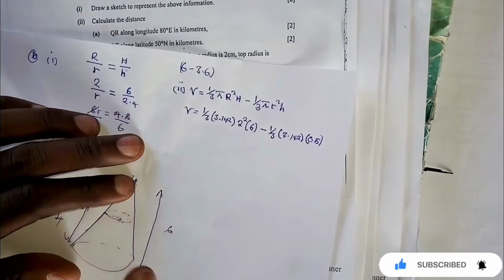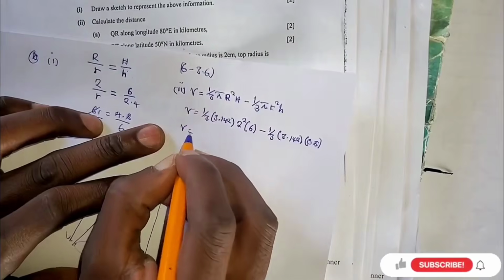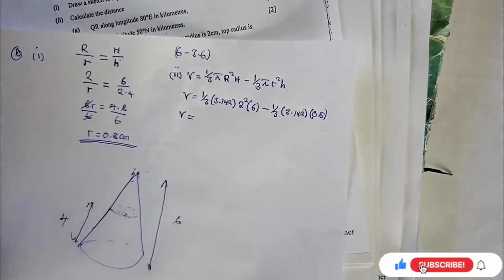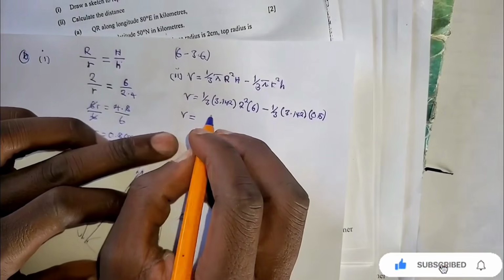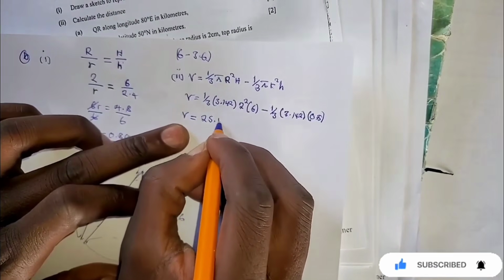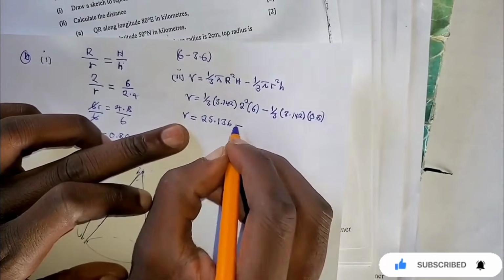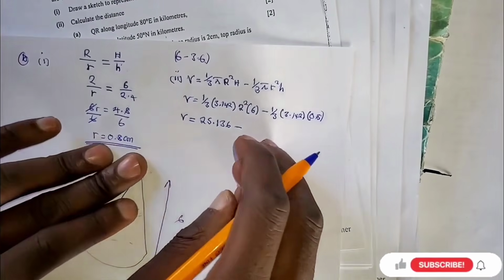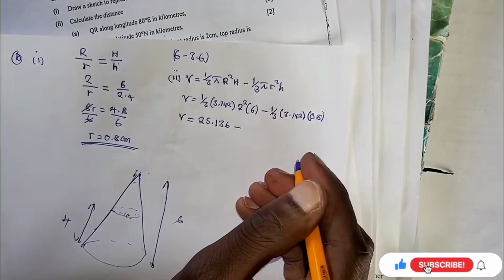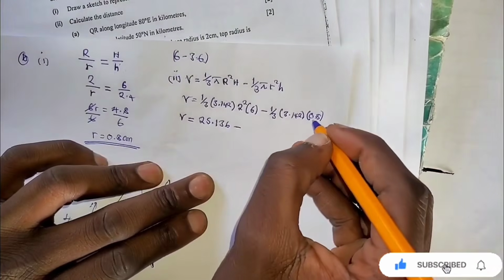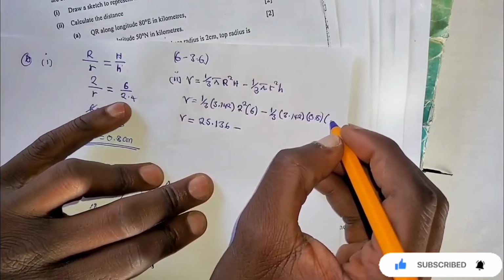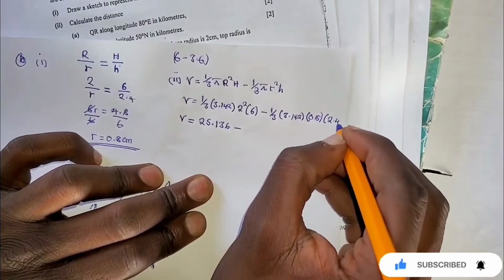Let's now solve. So when you press on the calculator, what is the volume of a larger cone? The volume of a larger cone is 25.136. Yes. Minus, what is the volume of a smaller cone? Okay, so here, the radius is 0.8 and the height is supposed to be 2.4.